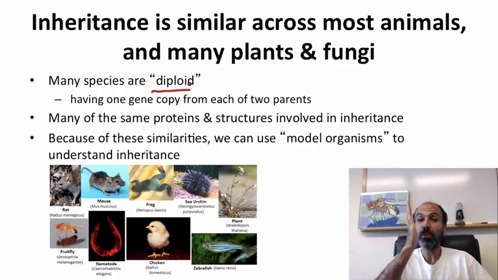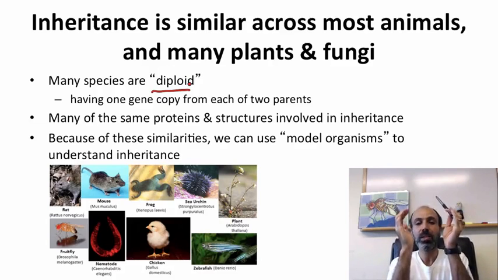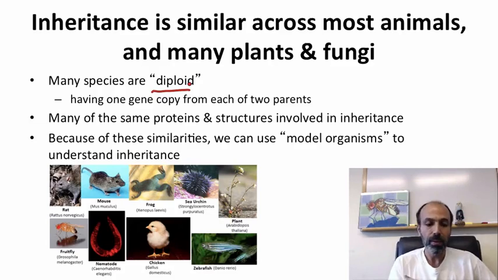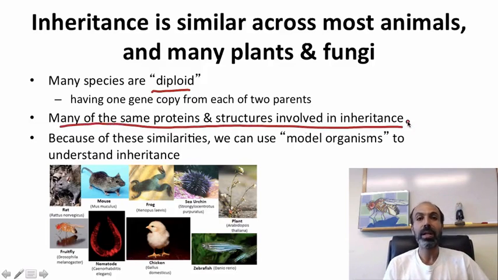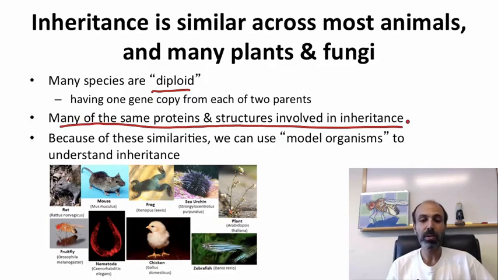You're not intermediate, but you actually have these two distinct, complete sets of gene copies for every gene in your whole genome. This is true not just for you, but for most animals, many plants and fungi. In fact, many of the same proteins and structures are involved in inheritance in you as in various plants and fungi, as well as other animals.